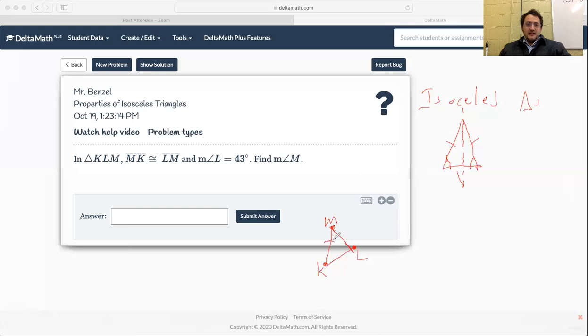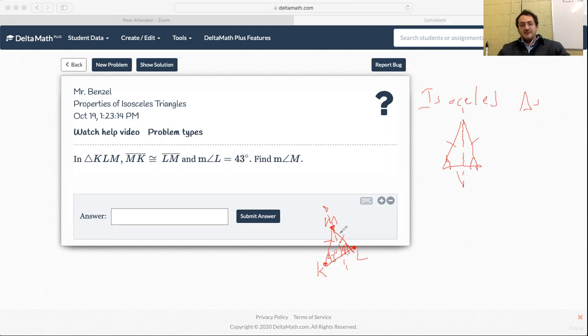KLM. And I'm going to mark which ones are congruent. So MK and LM are congruent. It tells us that the measure of angle L is 43. Since LM and MK are congruent and our line of symmetry is through that M, this angle also has to be 43 for the K.